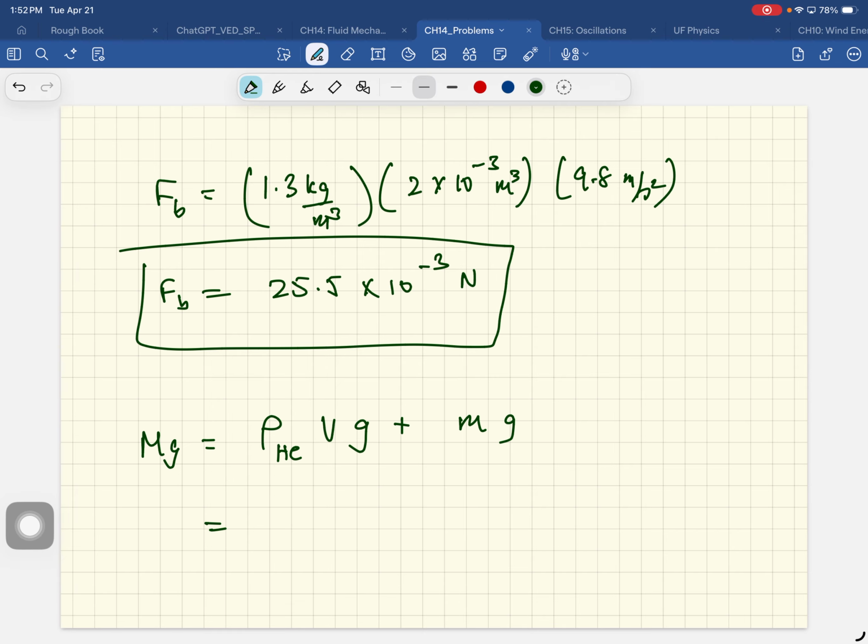time is volume divided by flow rate, 80,000 liters divided by 60 liters per minute.